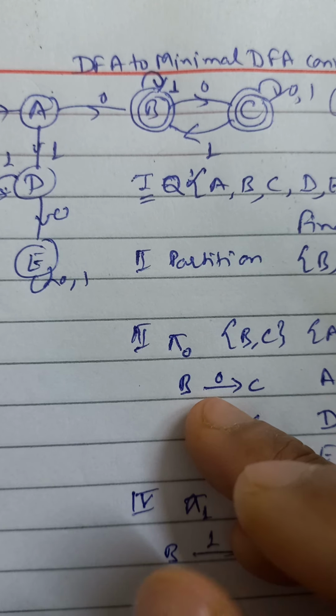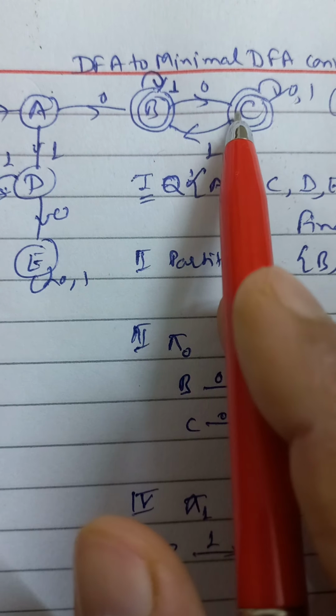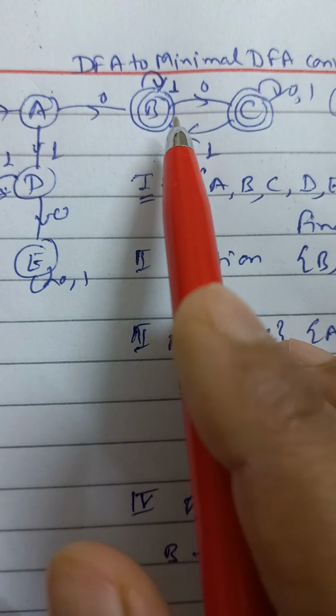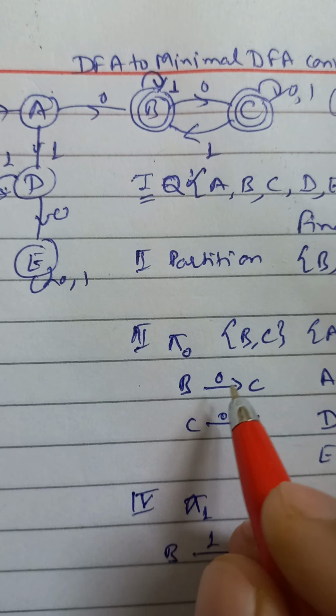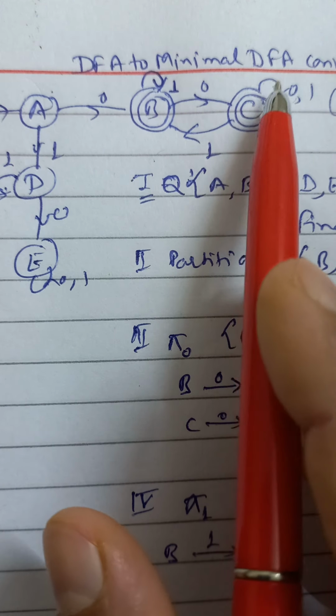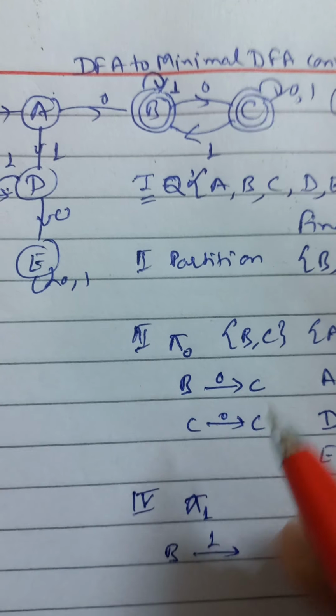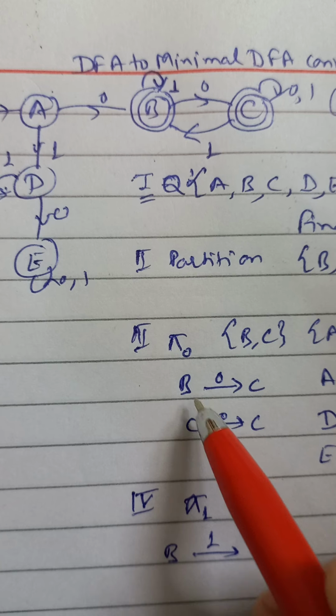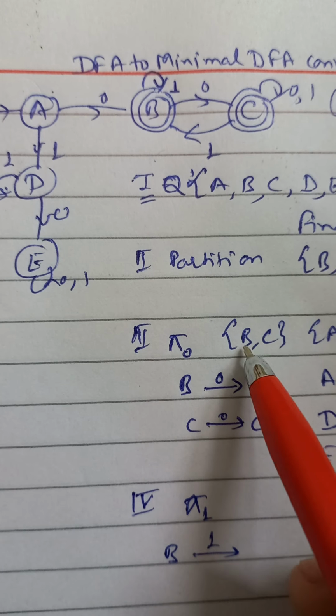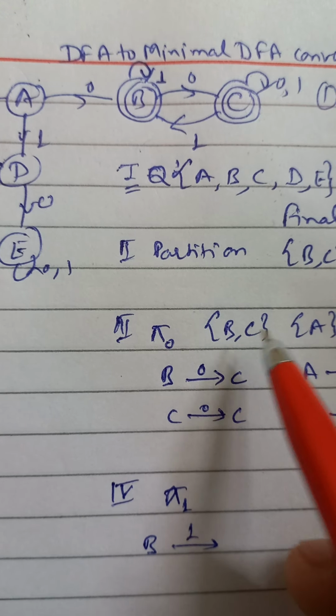From B, the 0 transition goes to C, and from C, the 0 transition goes to C only. These are both final states, and on 0, B goes to C and C goes to C, so we can keep them in one group.